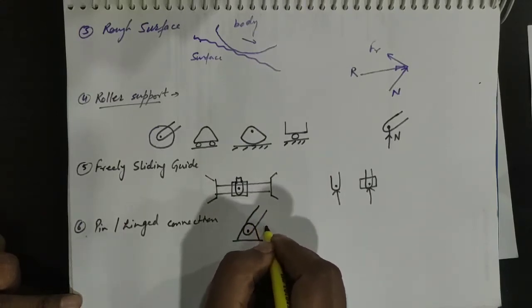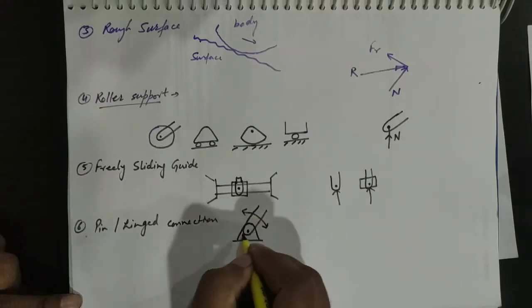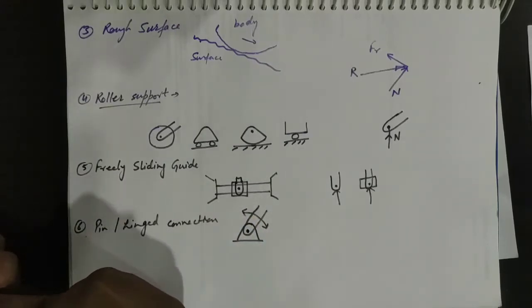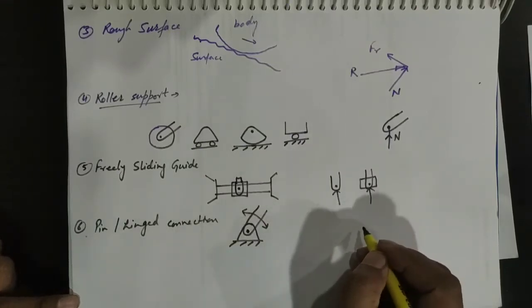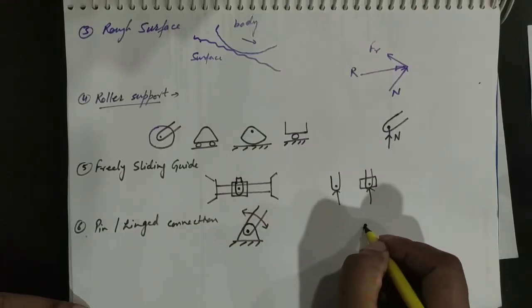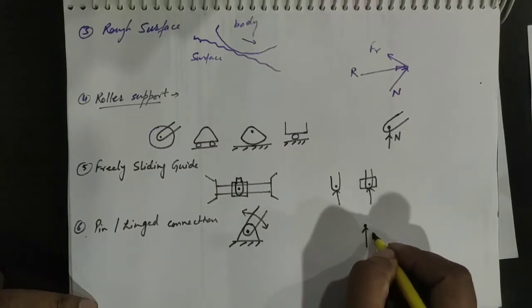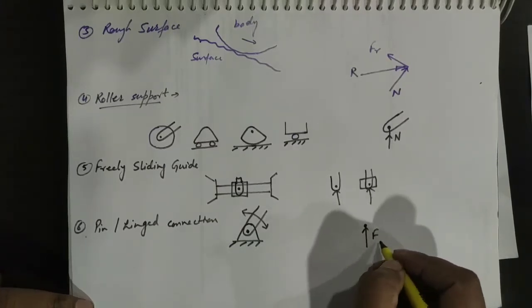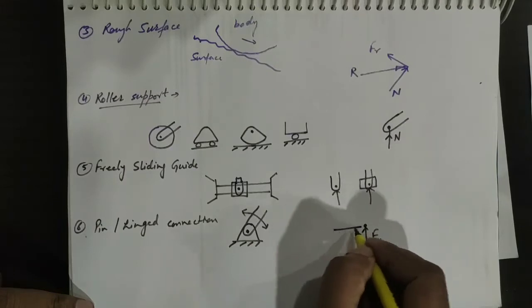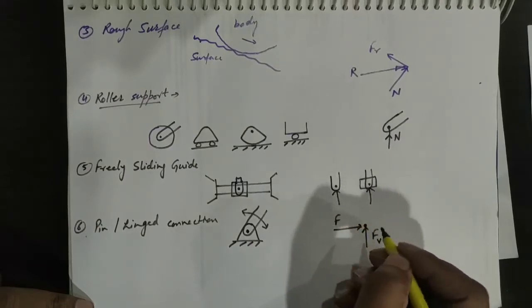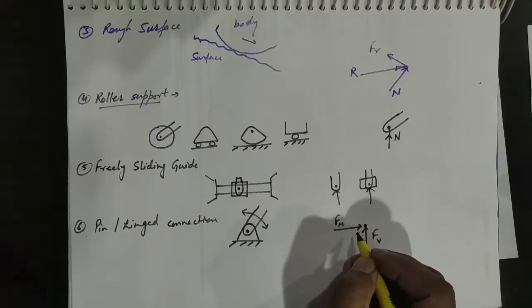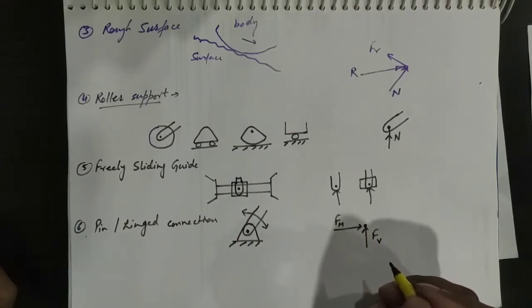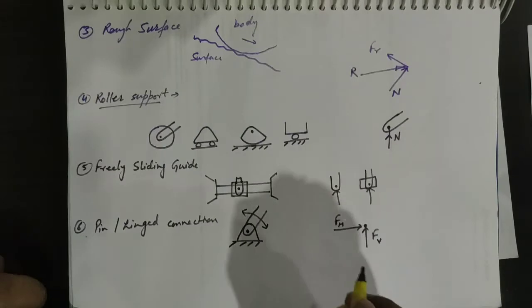The body can rotate about this point. Then that hinge point always has two kinds of forces. First is a vertical force, second is a horizontal force. You can take the force in any direction. If you take the wrong direction, then you will get a negative value in your answer.